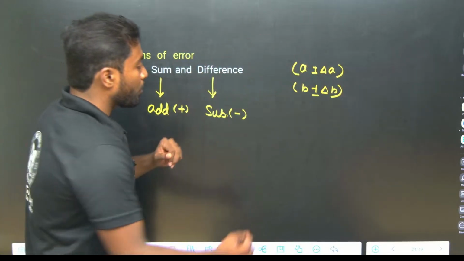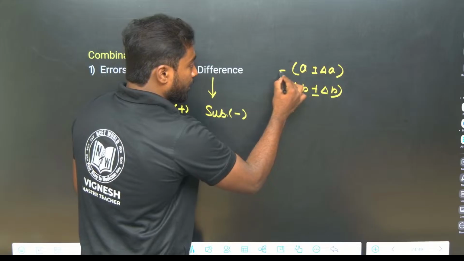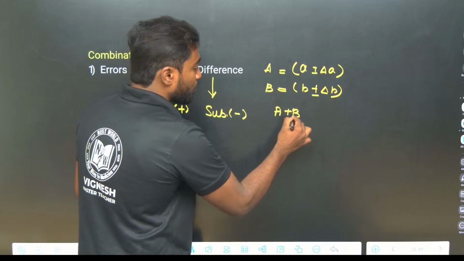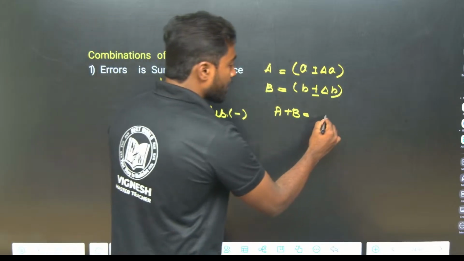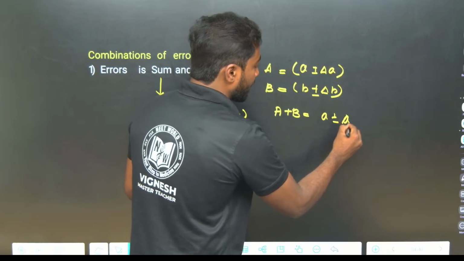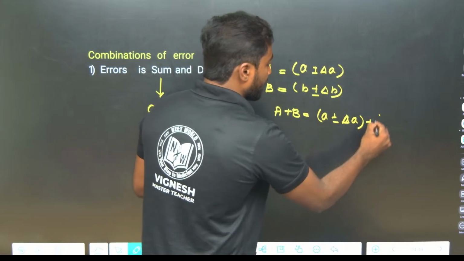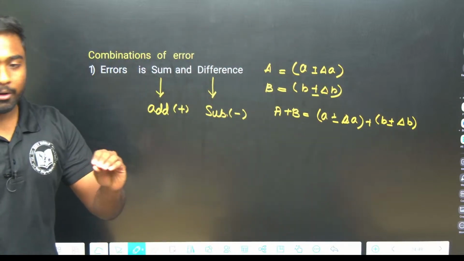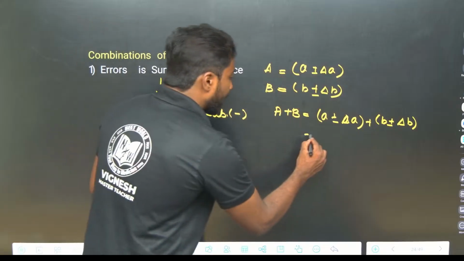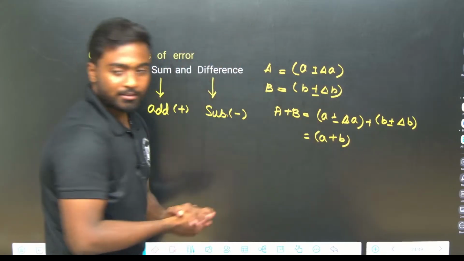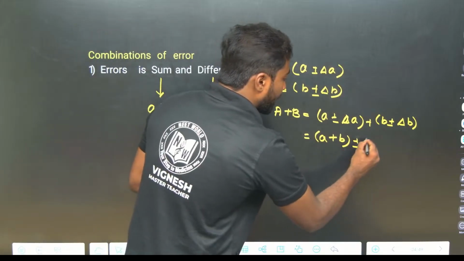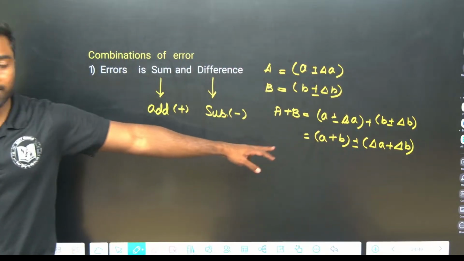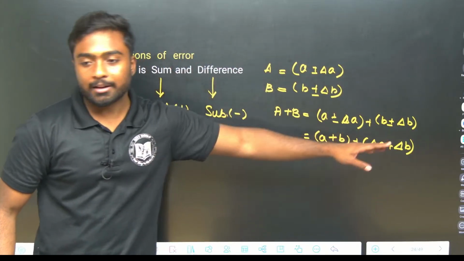I take this as a and this as capital B. So a plus b will be equal to a plus or minus delta a plus b plus or minus delta b. A simple thing to keep in mind: whenever I am adding, add the normal numbers as they are, then add the errors also. A plus b plus or minus delta a plus delta b.